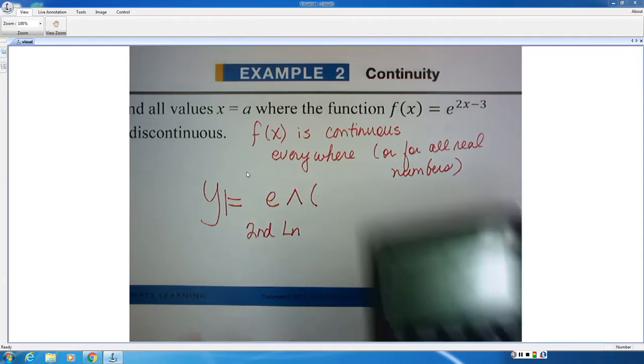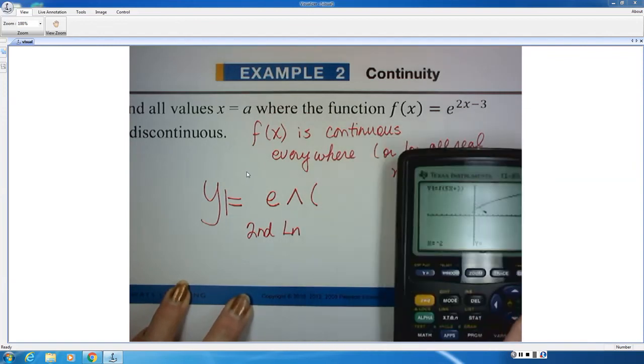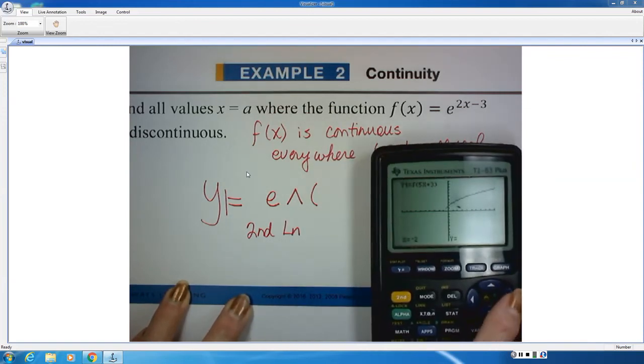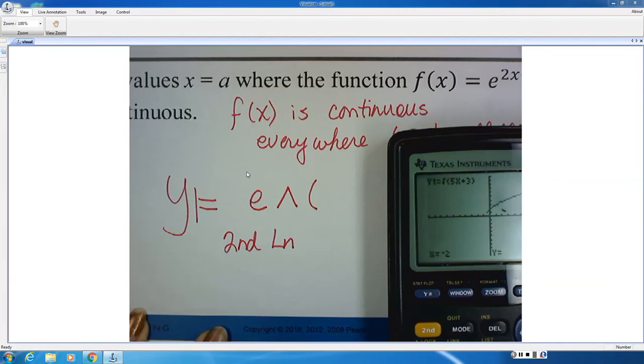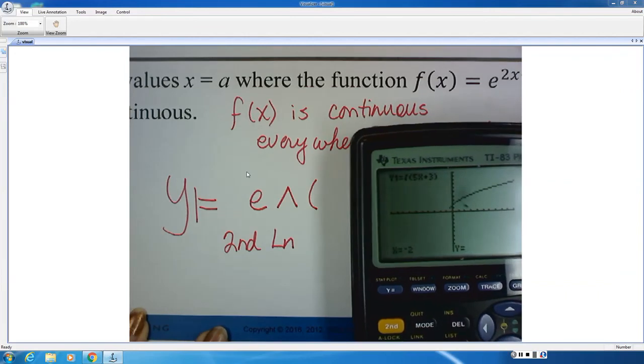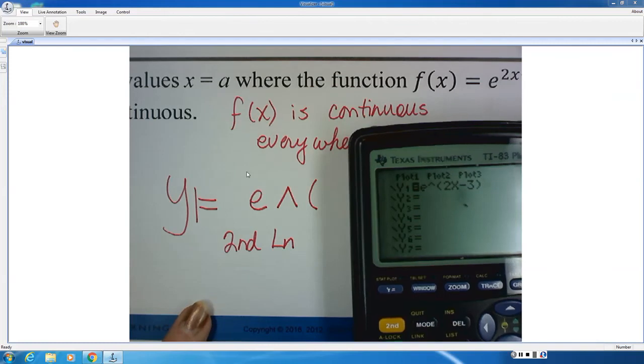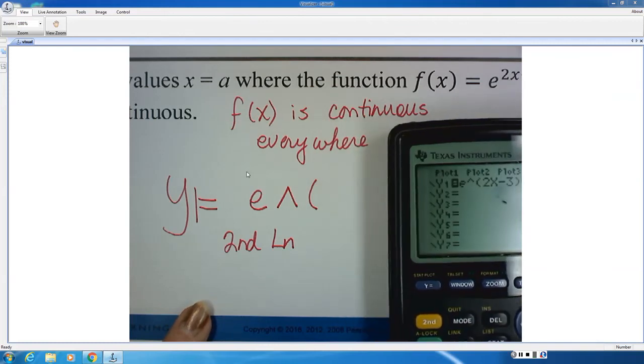You go to Y1. Second, that e. You hit second and LN, which is right next to the number 4. And then you type in 2x minus 3 and close the parentheses. Hopefully with me putting it right under the light, you can see that.